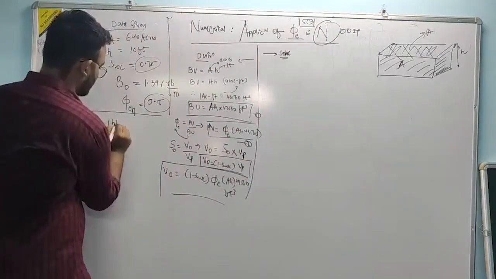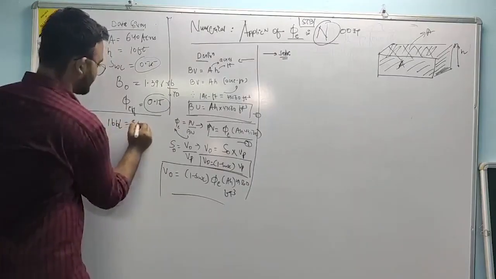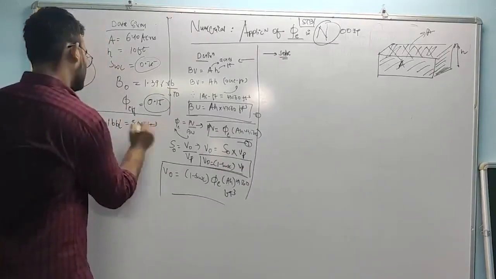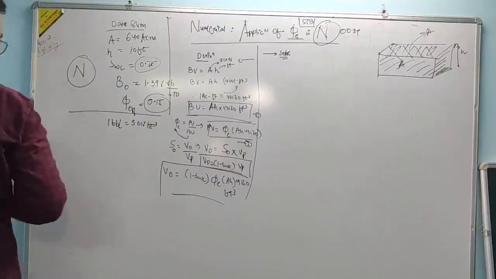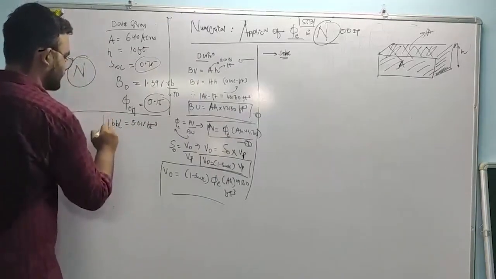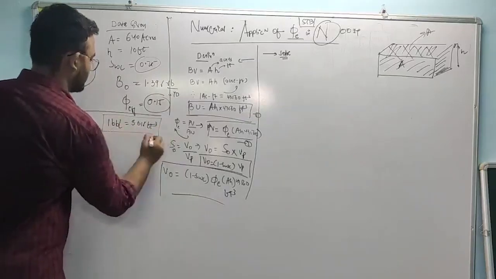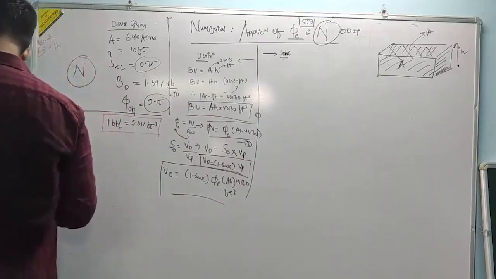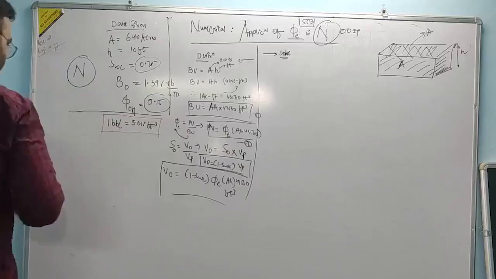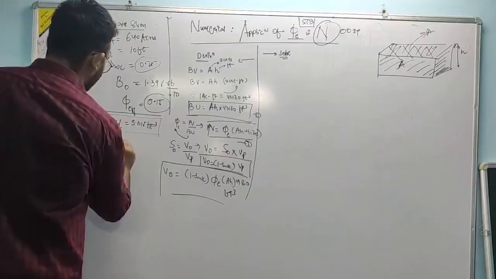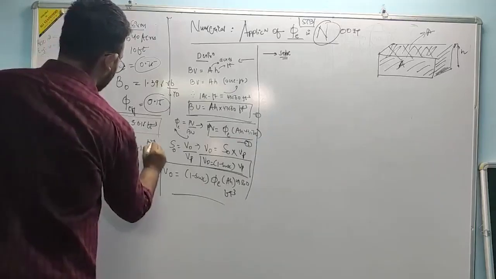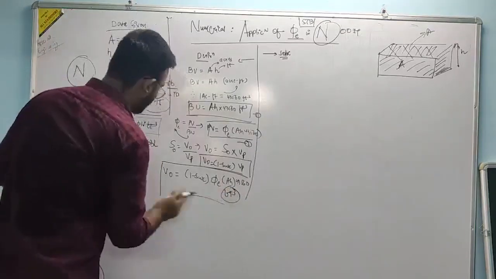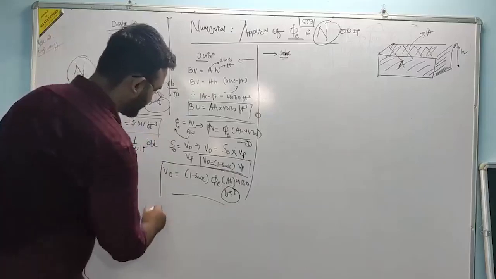Remember, one barrel is 5.615 feet cube. Always remember, this is bread and butter. This is oxygen for oil and gas. This unit conversion is very important. So one barrel is 5.615 feet cube, and 1 feet cube is 1 by 5.615 barrels. So you substitute this feet cube by 1 by 5.615.